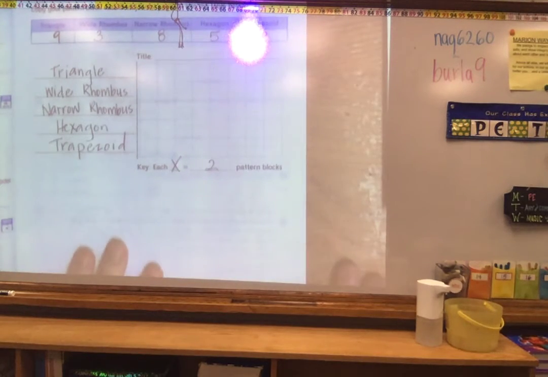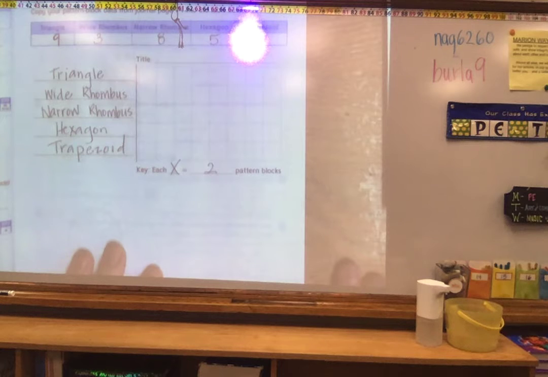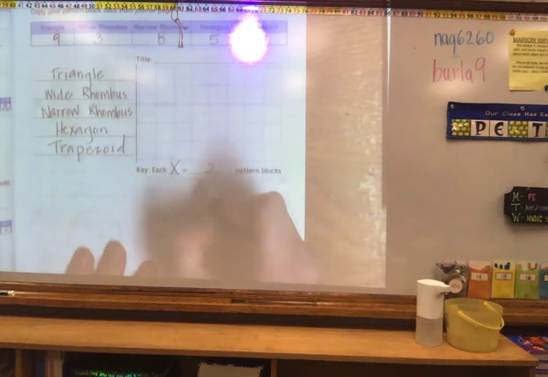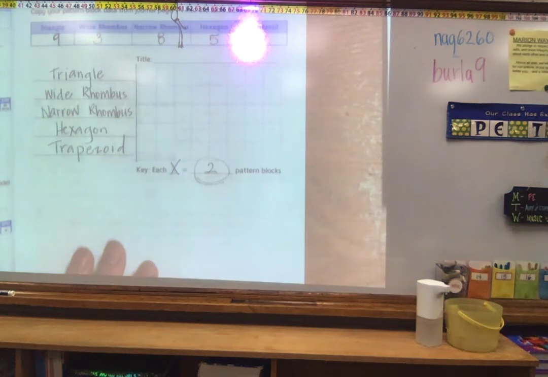If we have 9, and an X stands for 2. Chloe: 8 and 1 half an X. Okay, but how many X's do I have to draw? Not 8. Each one stands for 2. So if we have 9, we need to count by 2s.